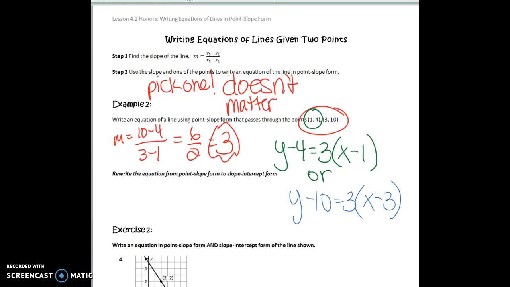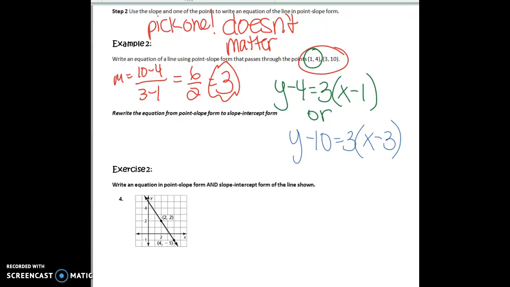So, how can you rearrange your point-slope form to look like your slope-intercept form, which is your y equals? If you remember, I actually gave you one like this on your last quiz. Most of you got it right, except some of you had trouble distributing the negative. So I'm going to take this top one and go from point-slope to slope-intercept.